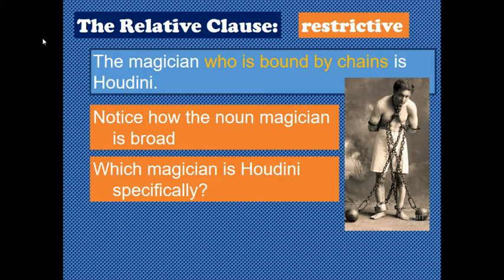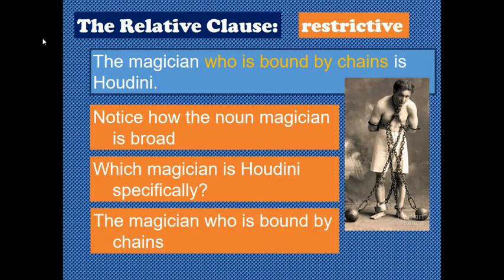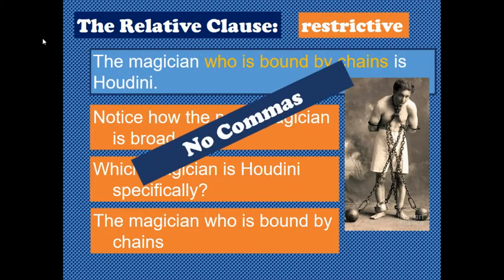So I need anything I can get to help explain which particular magician you're talking about. So therefore, the magician who's bound by chains is the one who's Houdini. So this adjective clause helps restrict which magician you're talking about because the word magician is so broad. And that is why there are no commas in that first example sentence.